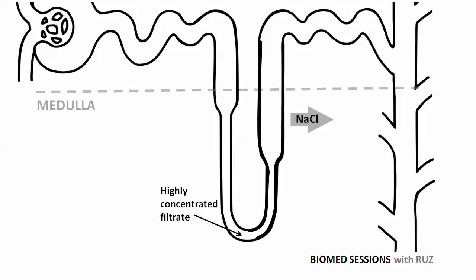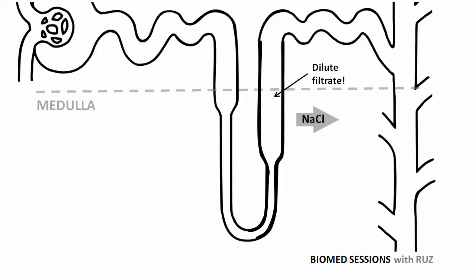However, the story is different in the ascending limb, whereby any water that remains cannot escape the filtrate. Sodium chloride, on the other hand, leaves passively from the thin ascending limb, then is actively pumped out of the thick ascending limb. After these processes have occurred, the filtrate is dilute. In total, approximately 25% of sodium chloride is reabsorbed from the loop of Henle.